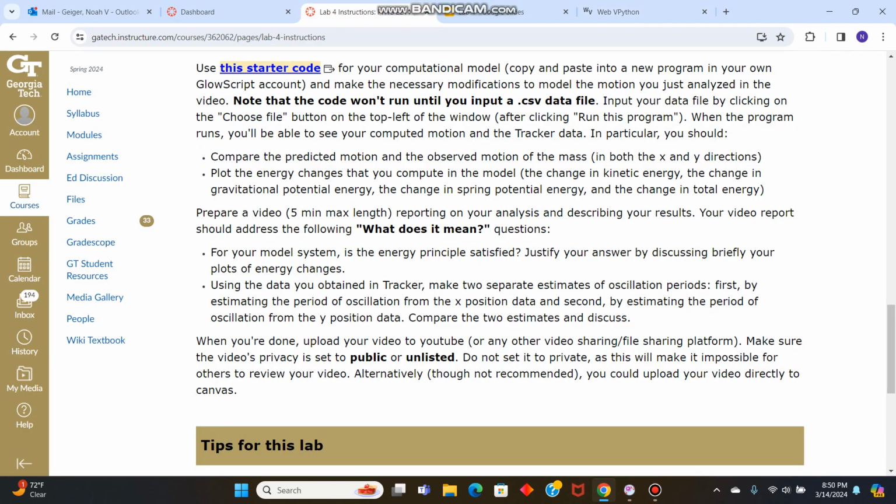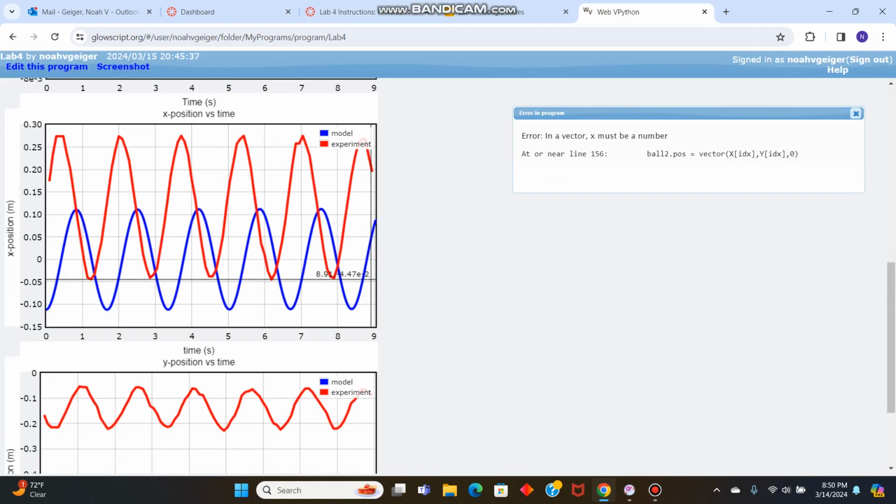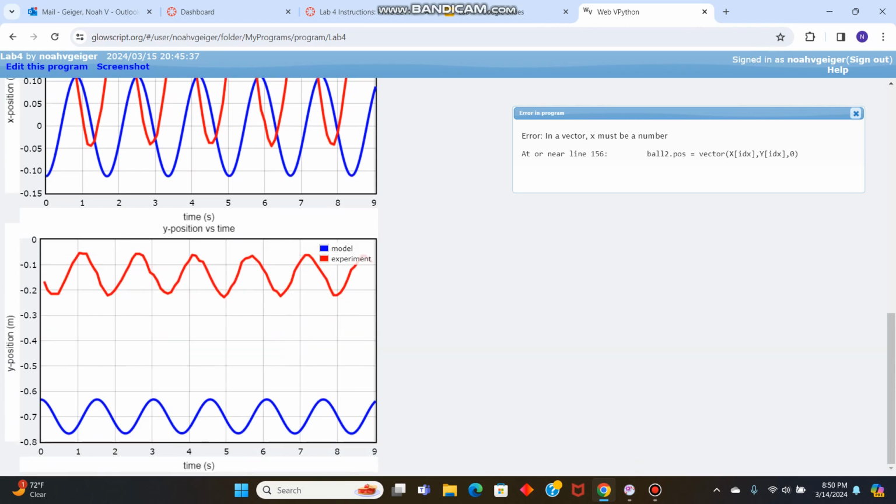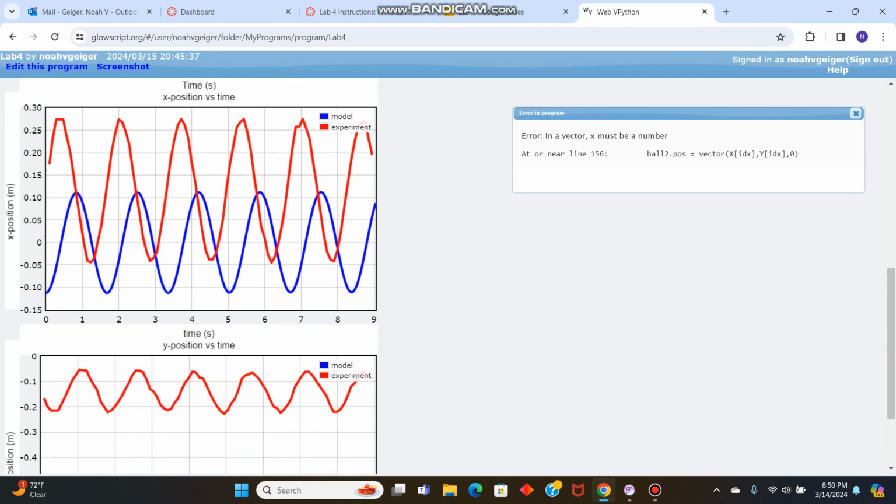And then the second question is: by estimating the period of oscillation from X position data and then estimating the period from Y data, compare the two estimates. Well, we can see right here the reason why the estimates are different. You can see they're going to be different, obviously, from this data, but only slightly different.